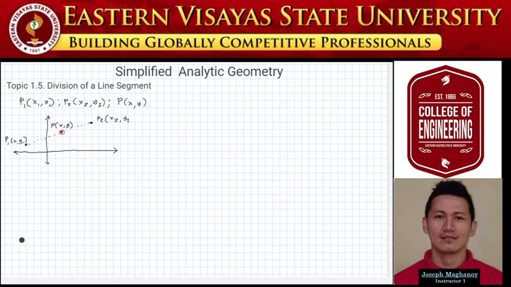Okay, our second figure, so this is our figure A, and this is our figure B. In figure A, we have a certain line, point 1 and point 2.